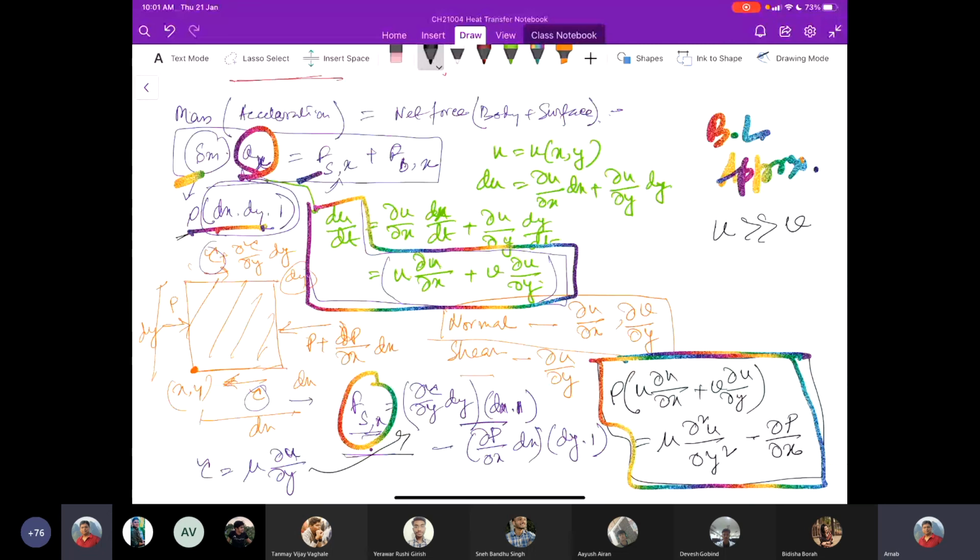So that leads to a couple of approximations basically. With that, we have del v by del x near 0 and del v by del y approximately 0.